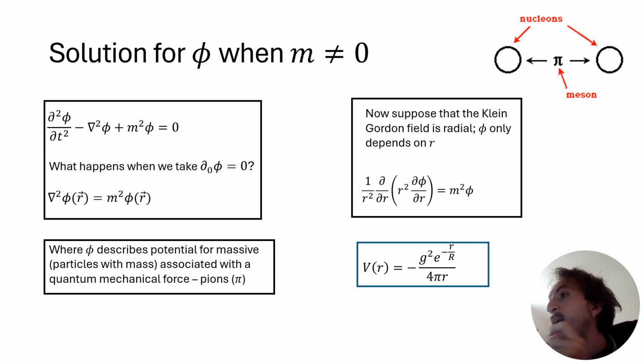Now G is a coupling factor. It tells you about the strength of the strong force relative to the other fundamental forces in nature.